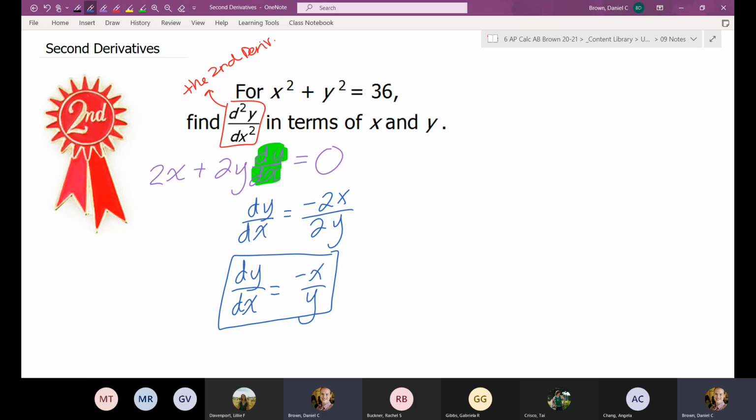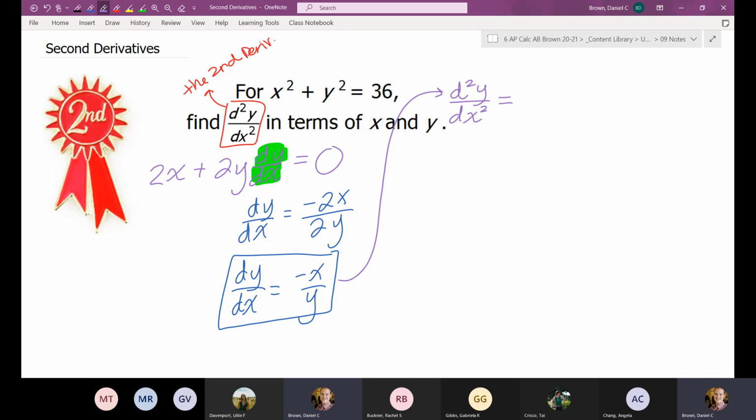Once we know the first derivative, we want to use that to find the second derivative. I like this one because it pulls up a whole lot of review. When I'm finding the second derivative, what rule do I need to use? It's the quotient rule. We haven't done that in a while.